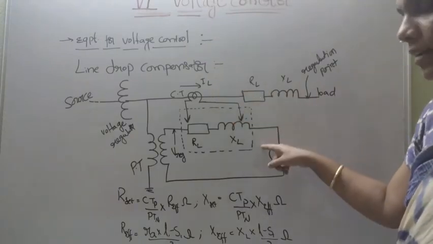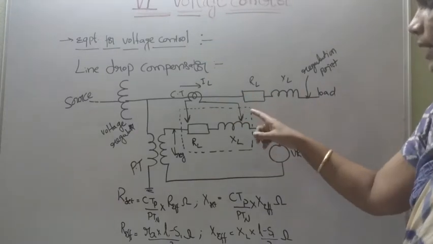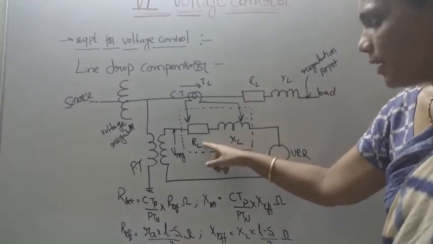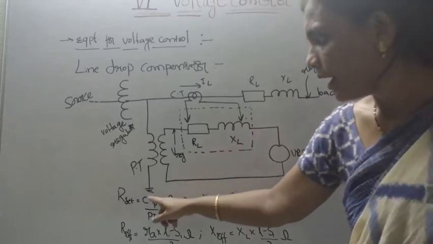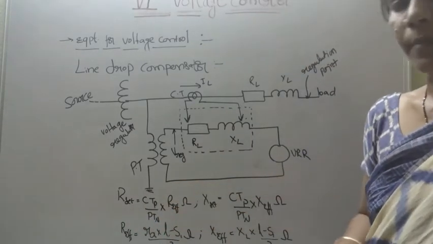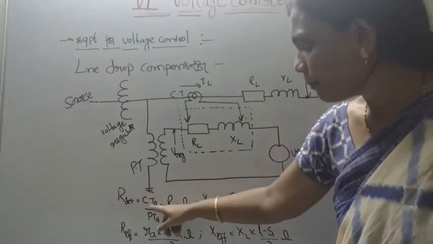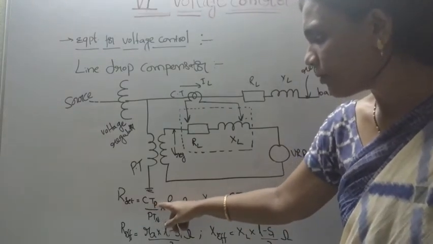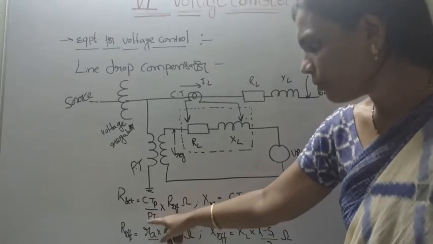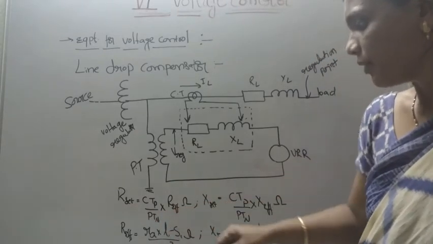Then this compensator helps us to maintain constant voltage, because here RL is set by this equation: CTP by PTN into R effective. That means CTP, the current transformer primary, divided by the turns ratio of the potential transformer, into R effective.